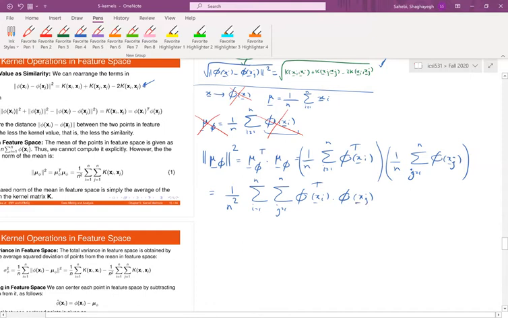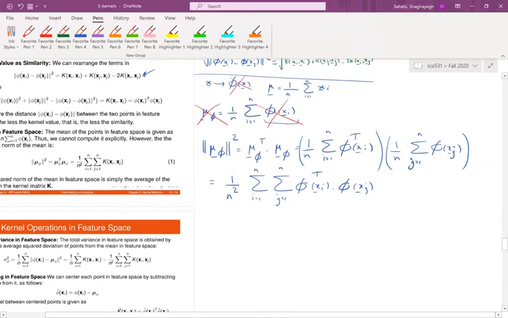Oh, wow, nice. So from here, this is familiar to us, right? This is actually equal to the kernel between xi and xj. So I'm getting to something that is familiar to me. So this will be equal to 1 over n sigma i equals 1 to n, j equals 1 to n, k xi xj.